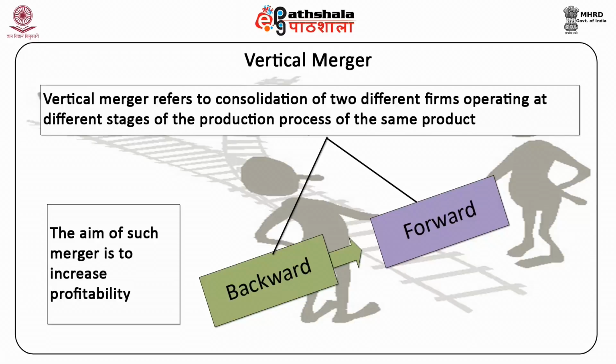The main benefit of vertical merger lies in internalization of all transactions between different stages of production and distribution. This internalization provides a better and more convenient way of monitoring and improving performance.